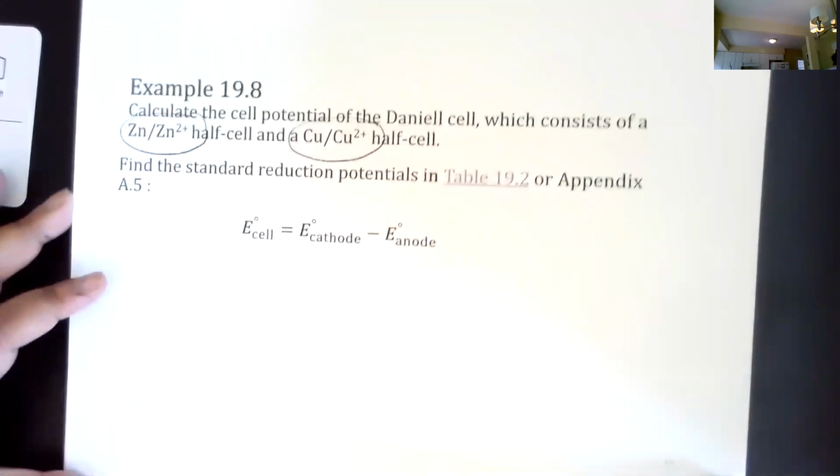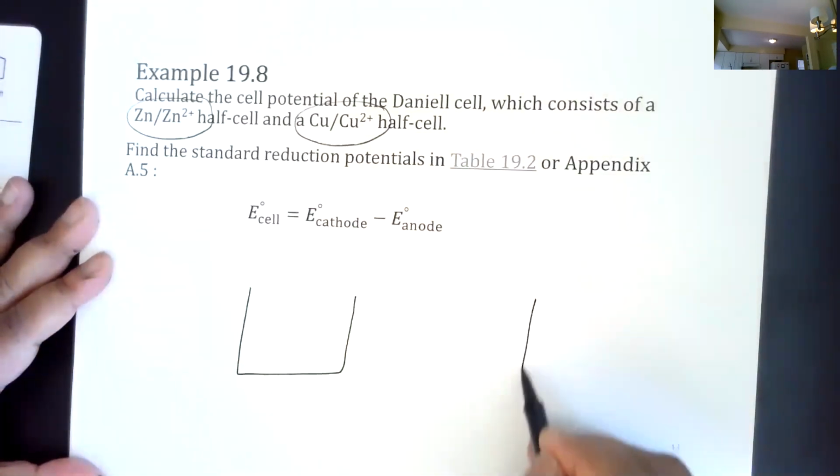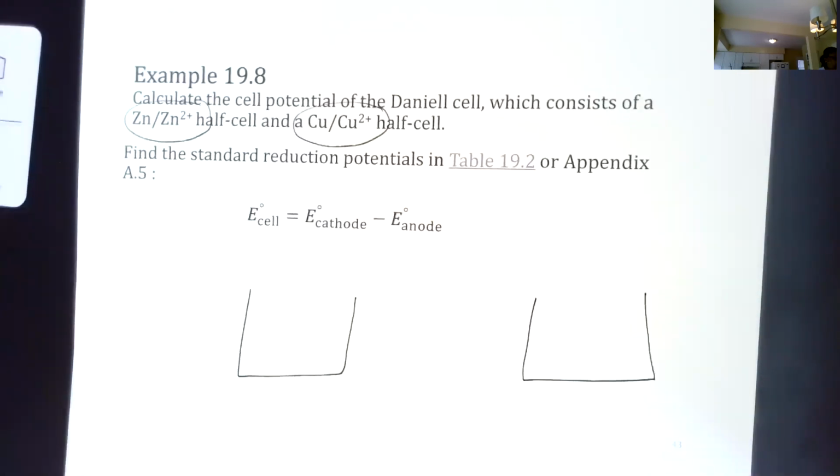And when I say construct a cell, you should have an anode and a cathode. Only if you have the right anode and the right cathode will you have electrical charges flow through. Otherwise, it'll not show you anything and you'll have to flip. That's what you would have done in lab.